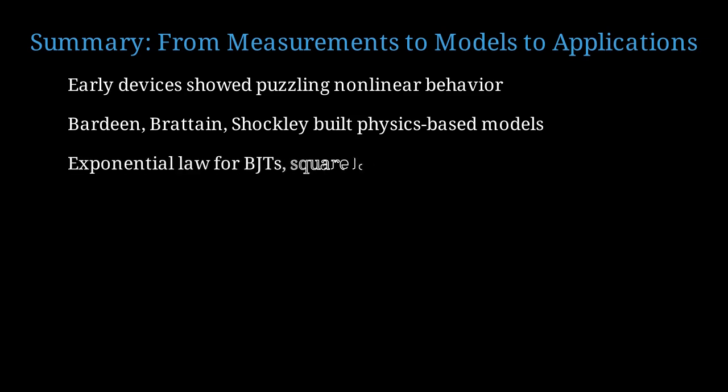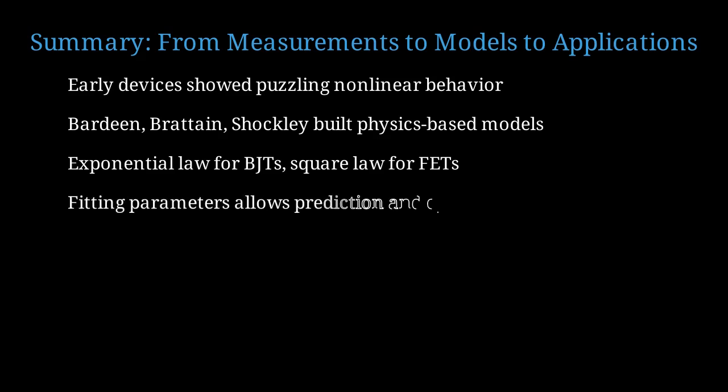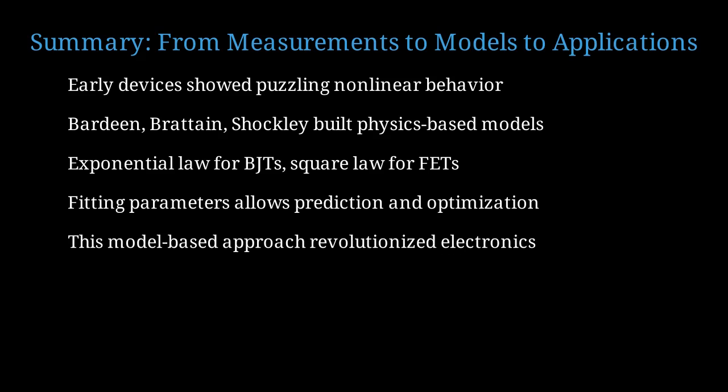The key relationships are the exponential law for bipolar junction transistors and the square law for field effect transistors in saturation. By carefully fitting parameters to match measured curves, engineers can predict device behavior under new conditions and optimize circuit designs. This model-based approach transformed unreliable surface effects into reliable, manufacturable devices that revolutionized electronics and created the information age.